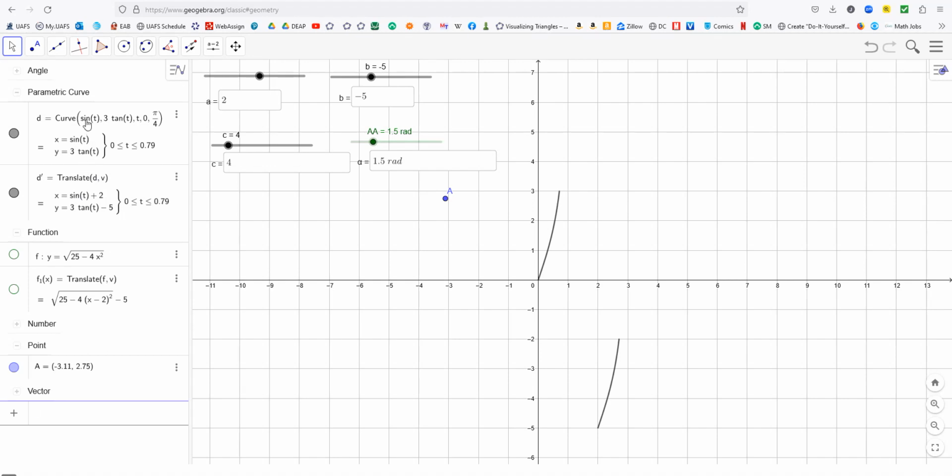So here's our curve. Our new curve should graph on top of that one. It should just take the original, sine of t, and then add the x coordinate, which is 2, how much x is moving to the right, and then 3 tangent of t would be the original, and to that just add the y change.